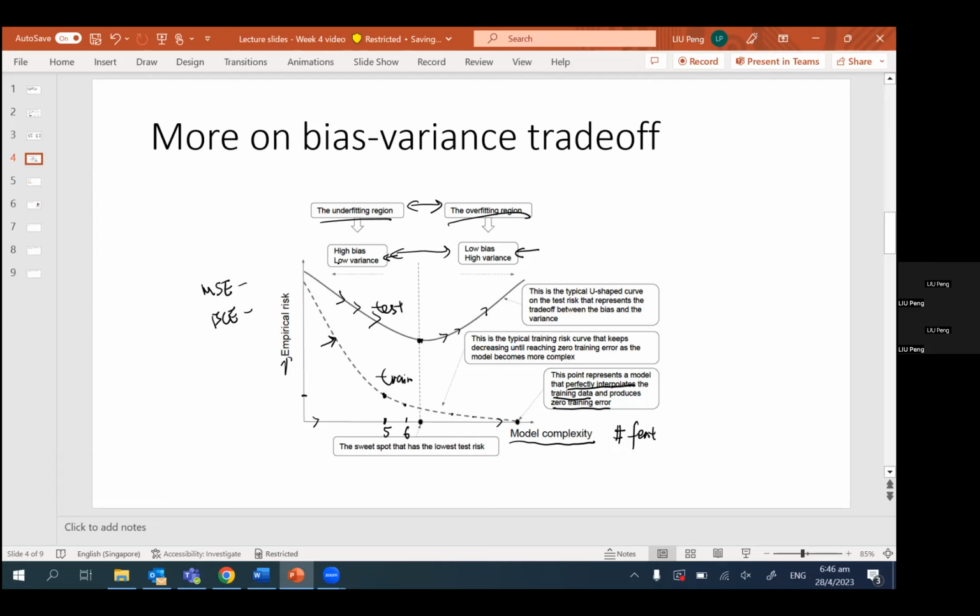So this is the typical U-shaped curve that describes the trade-off between underfitting and overfitting, or bias and variance. This is the traditional view on the bias-variance trade-off, and it is something we will encounter in almost every learning problem. We want to achieve a good trade-off between bias and variance by getting a model that hits the so-called sweet spot of the U-shaped curve.